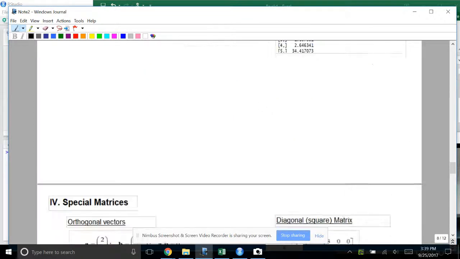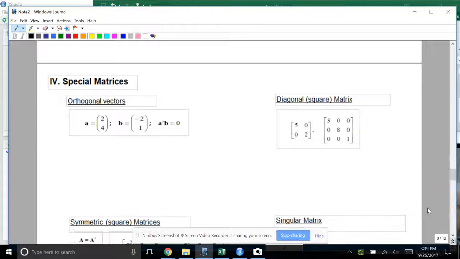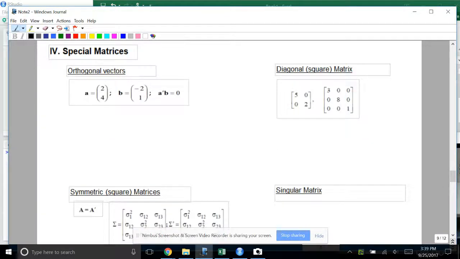All right, so let's talk about some special matrices. If we have orthogonal vectors, what these are is if we multiply them together, like A transpose B, what do we have? Negative 4 plus 4 is 0.